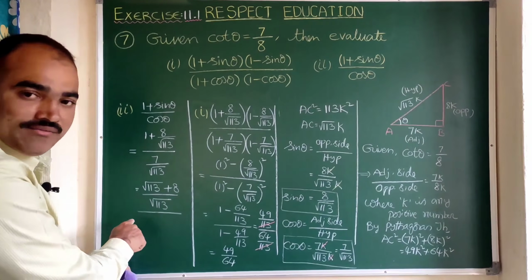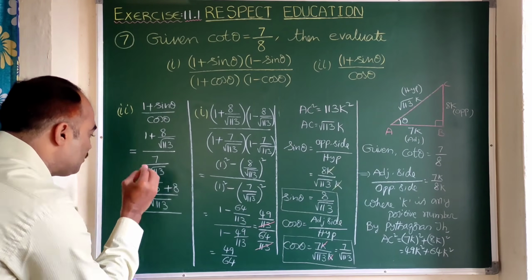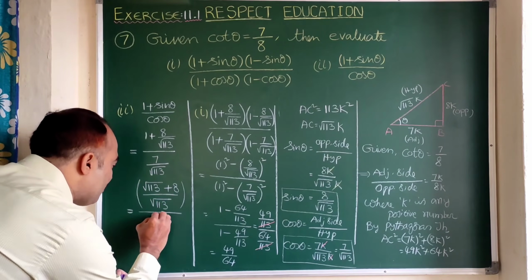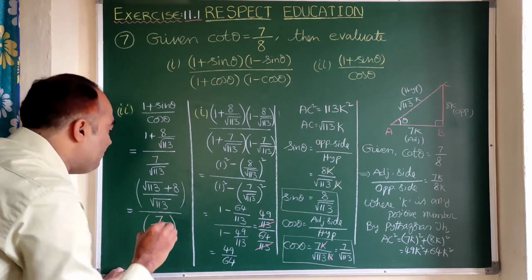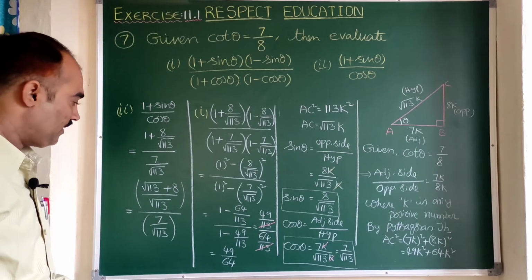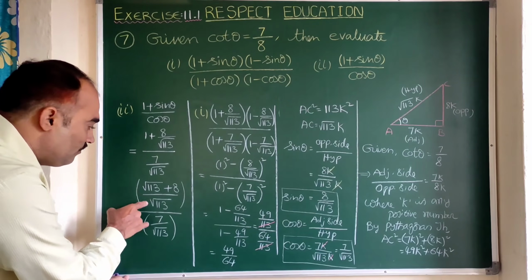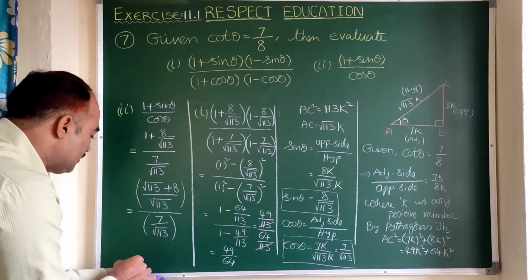So here whenever you are writing divided by, you should change the position of equal to. It should be exactly opposite to this, as it is the numerator. Now denominator also I am writing 7 by root 113. Can anyone tell me which one will get cancelled here? Root 113 and root 113. These two. Can we cancel these two? No, we should cancel these two.